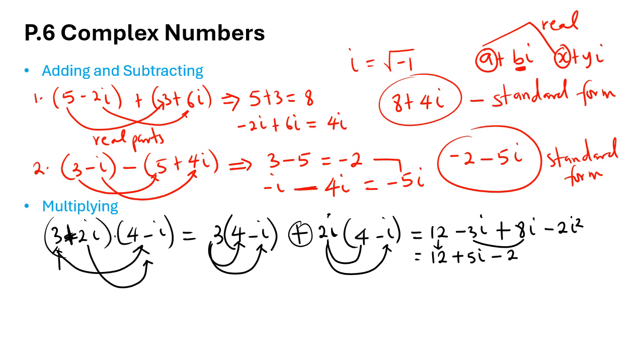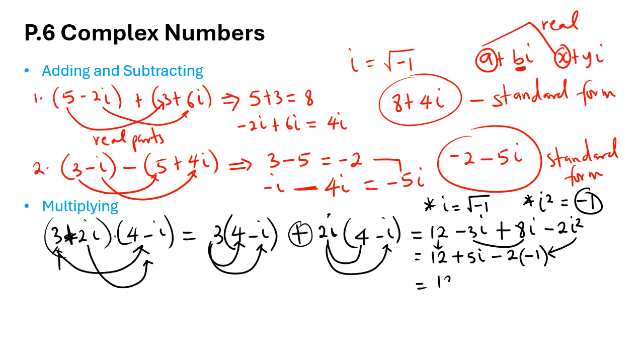Now, i to the second power just means -1. Notice that i to the second power always represents -1, because we know that i is equal to the square root of -1. We have to always bear this in mind. So we use -1 to represent that.